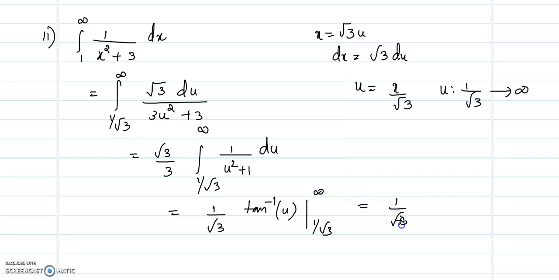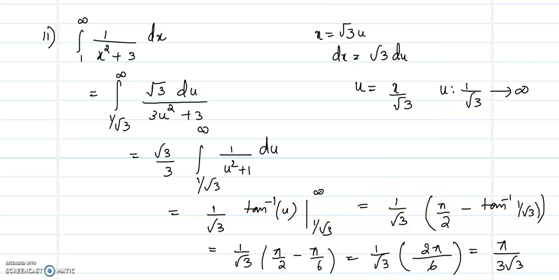So that will be 1 by root 3 times tan inverse of infinity, which is pi by 2, minus tan inverse of 1 by root 3. Simplifying that, we will get 1 by root 3 times 2 pi by 6, which is pi by 3 root 3. That will be the value of the integral.